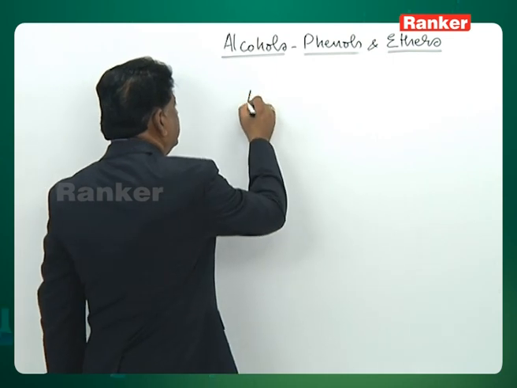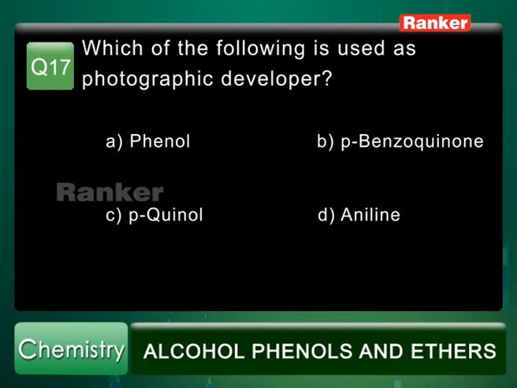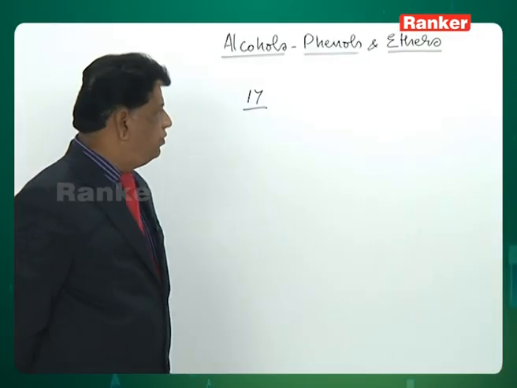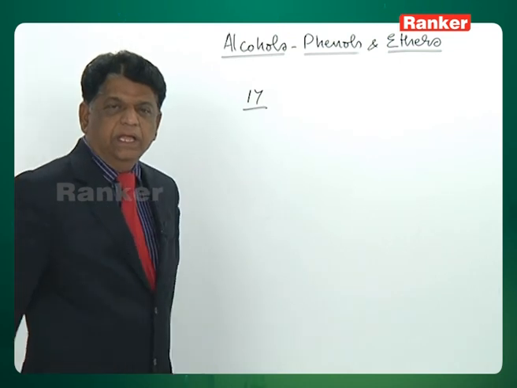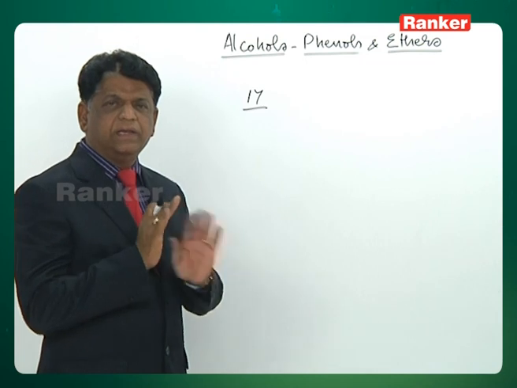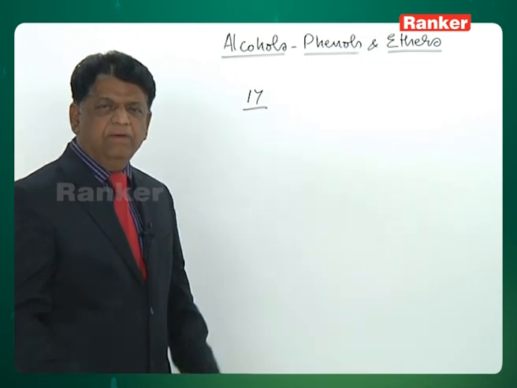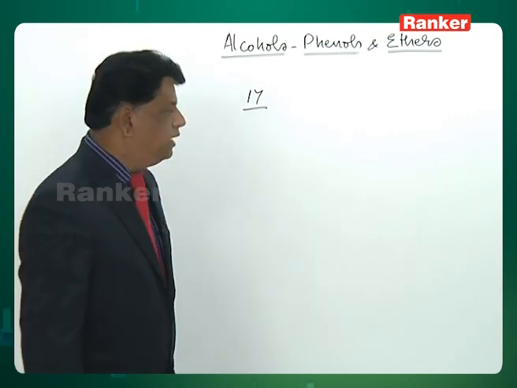Next question, the 17th question. Which of the following is used as a photographic developer? In photography, once silver bromide is treated with light, it decomposes where the light falls, and the negative and positive picture is developed. After that, in the developing process, paraquinol is used.